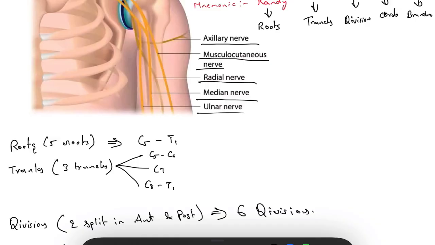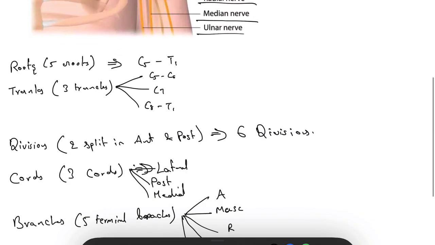Between the neck and armpit, in the supraclavicular and infraclavicular regions, we can see these trunks, divisions and cords. So first imagine the roots come out of the spinal cord: C5, C6, C7, C8 and T1. Then they merge to form trunks. How many trunks did we see? 3 trunks: C5 to C6, then C7, and C8 and T1.